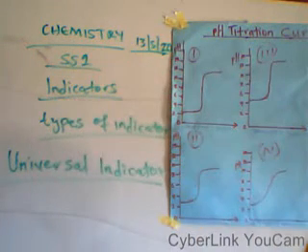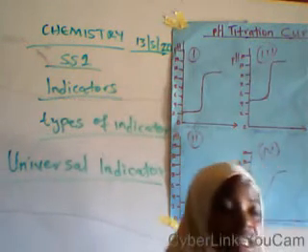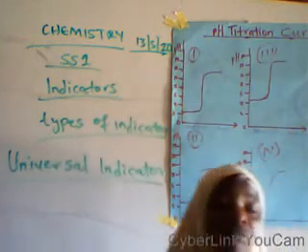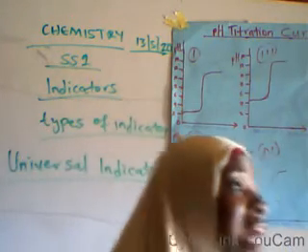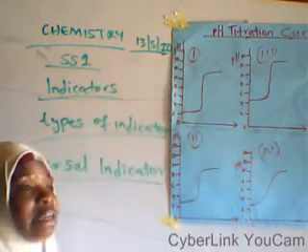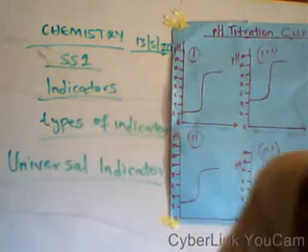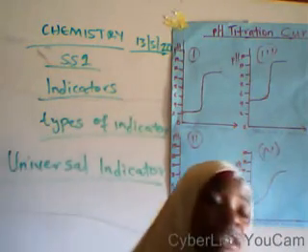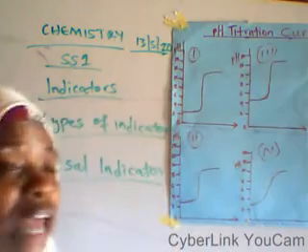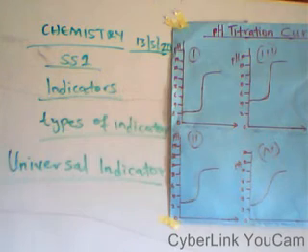That means as their pH is changing, they also change color. We say they are mixtures of dye because they contain different indicators like phenolphthalein, methyl orange, and methyl red.